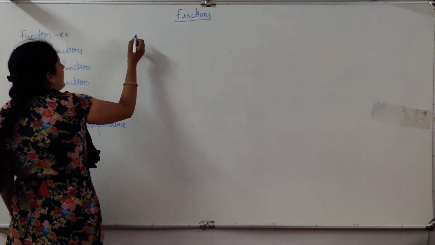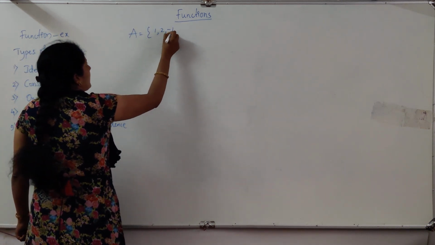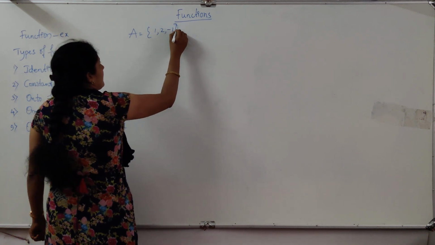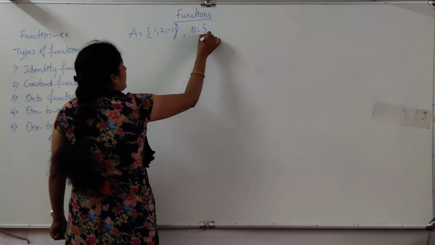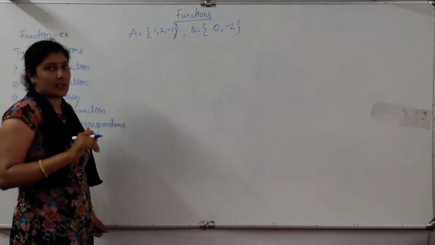For example, let set A be {1, 2, -1} and B be {0, -2}. So these are the two sets.